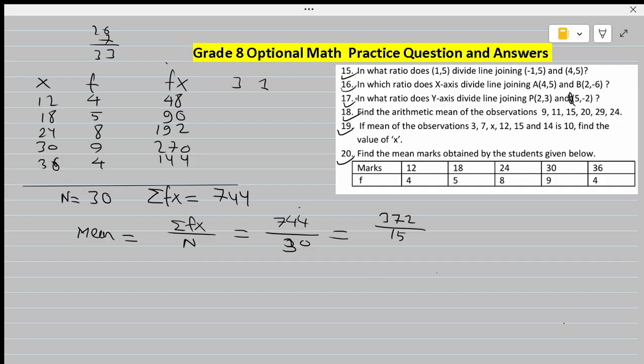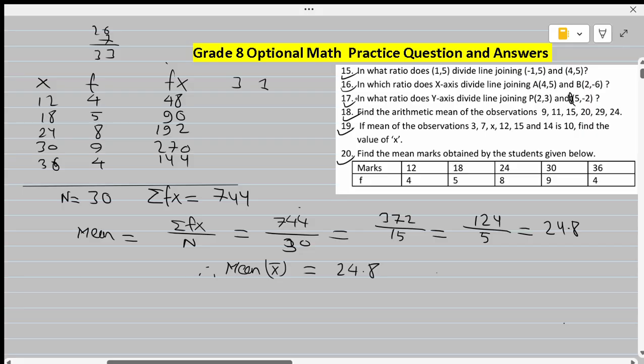Now by 3 they can cancel: 3 times 1 is 3, 3 times 2 is 6, 3 times 4 is 12, so 124 over 5. Now by 5 we divide directly: 5 times 2 is 10, 5 times 4 is 20, then decimal and 0 kept, so 40, 5 times 8 is 40. Therefore mean is equal to 24.8. So it's done up to number 20, and I go with the numbers onward from 21.